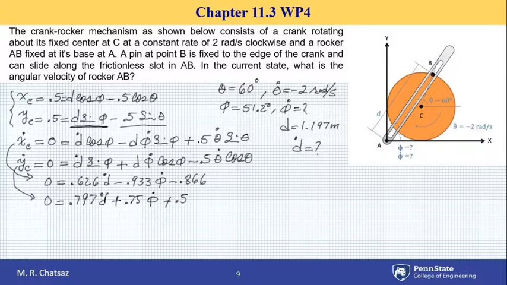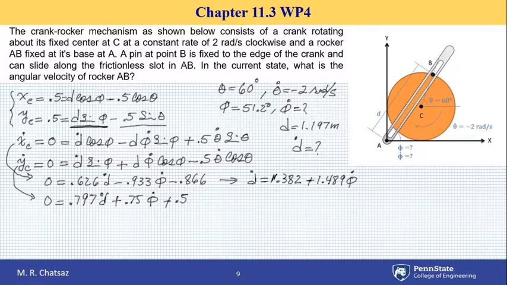So let's see, if I simplify this equation, I get d dot equal to 1.382 plus 1.489 phi dot.